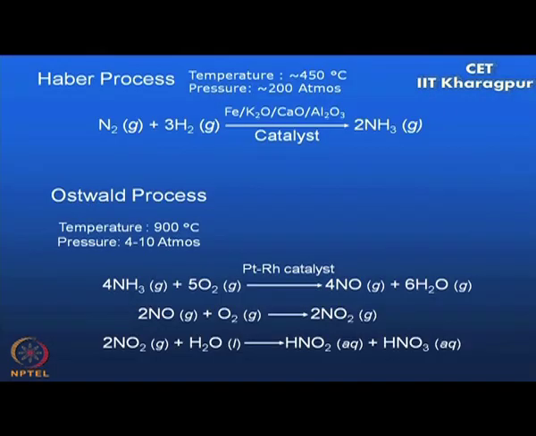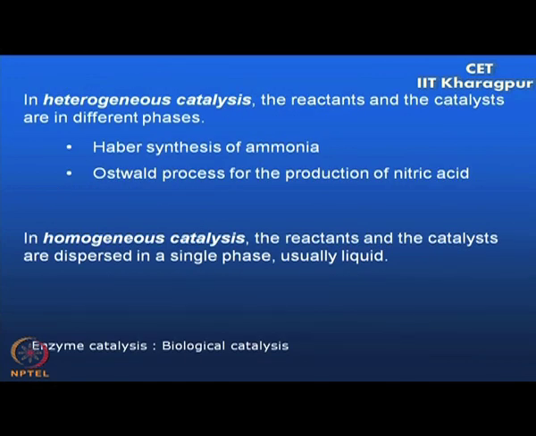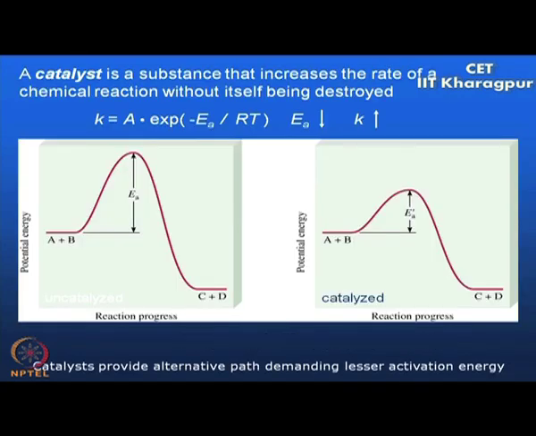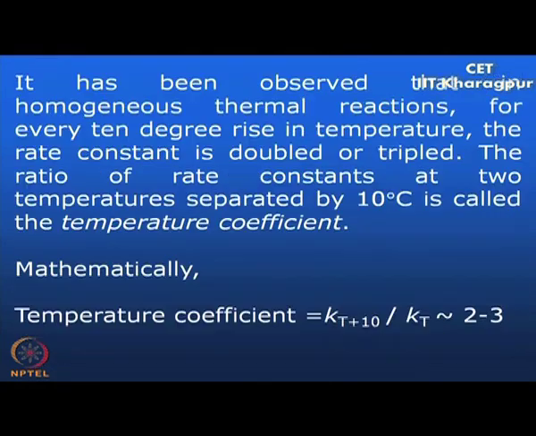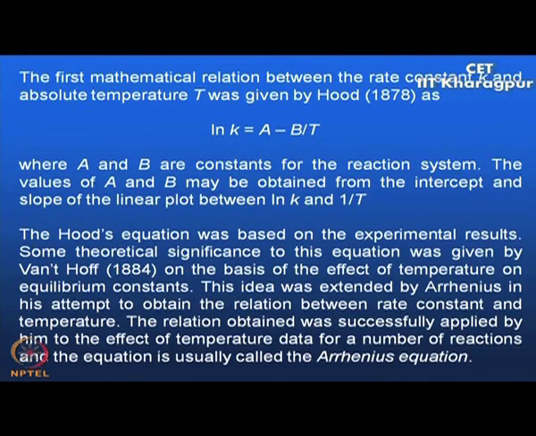Okay, so what we have learned in this concluding section on the effect of temperature on chemical reaction: van 't Hoff was the person who, in 1878, gave the idea that ln k has an inverse temperature dependence.